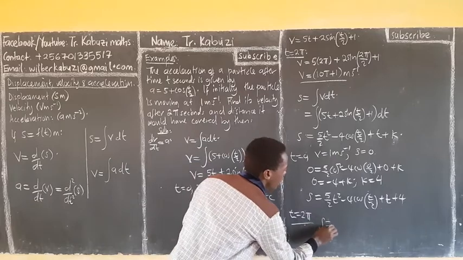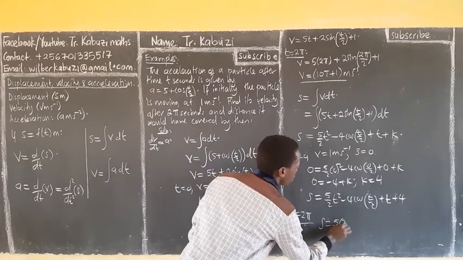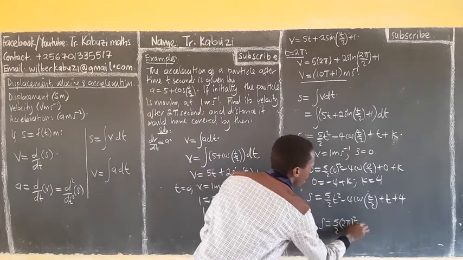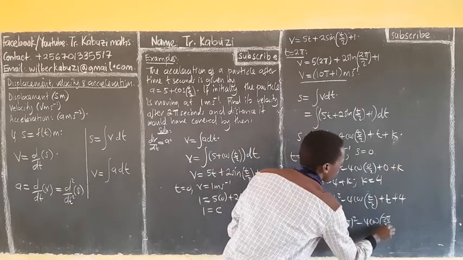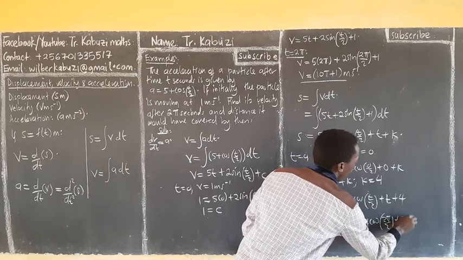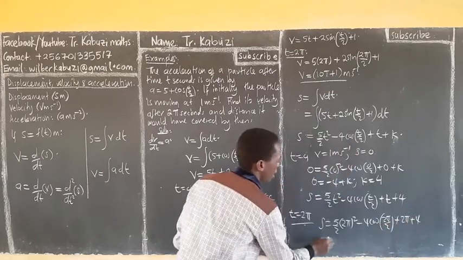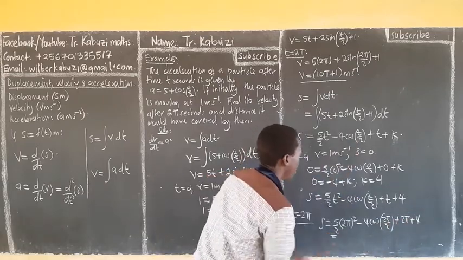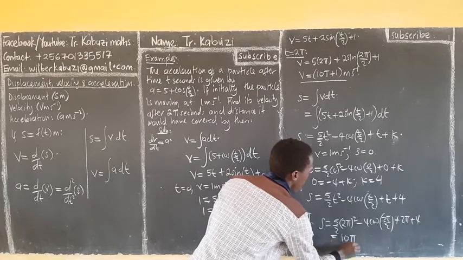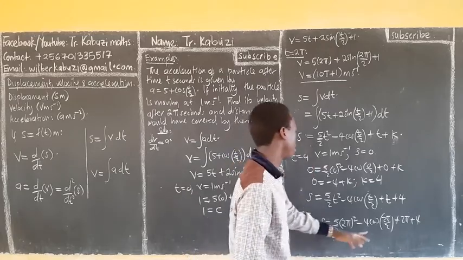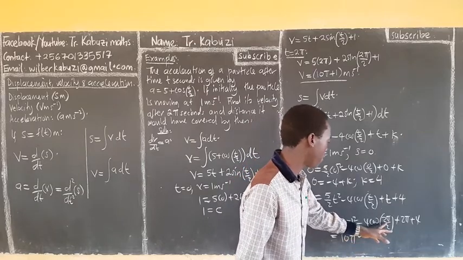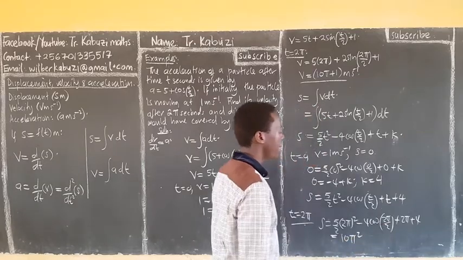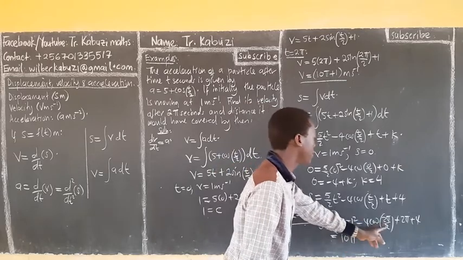So my s will be 5/2 times 2 pi squared, minus 4 cos of 2 pi over 2, plus 2 pi, plus 4. So here we shall be having 10 pi squared, cos of 180 will be -1, this will be 180.